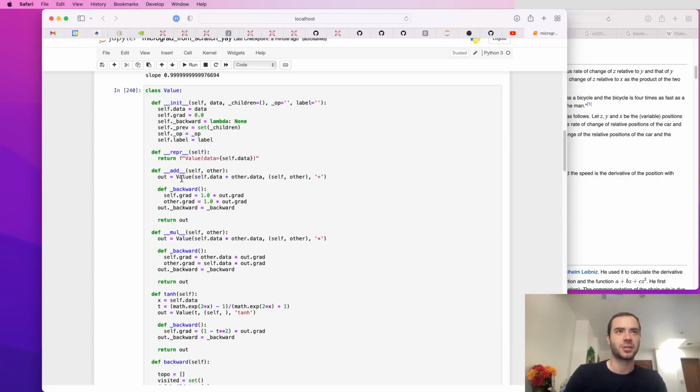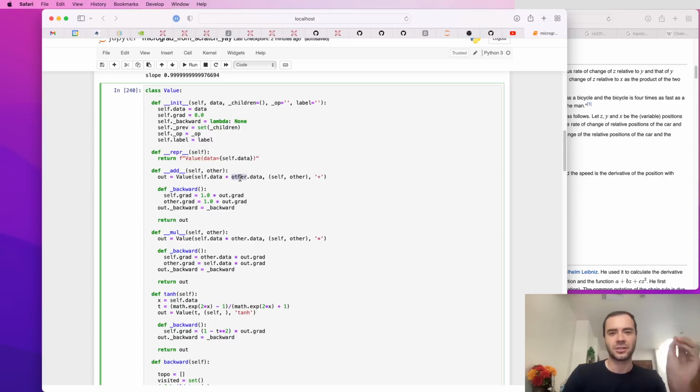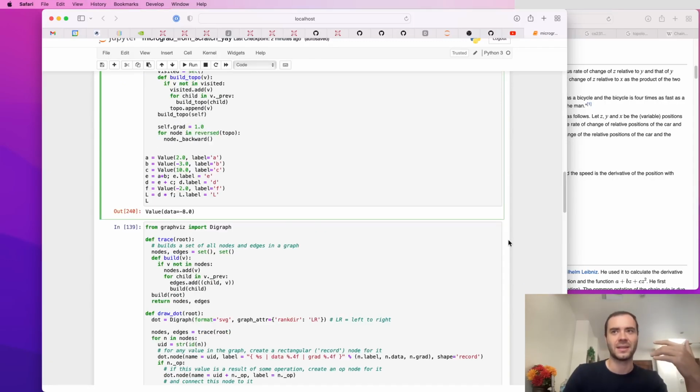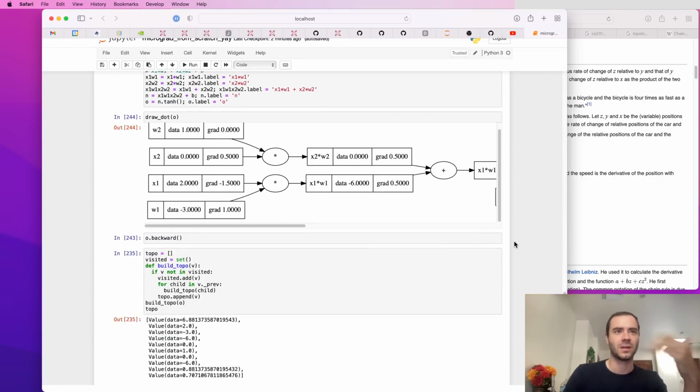B is a result of addition, so out is B. And then when we call backward, what happened is self.grad was set to 1, and then other.grad was set to 1. But because we're doing A plus A, self and other are actually the exact same object. So we are overriding the gradient. We are setting it to 1, and then we are setting it again to 1. And that's why it stays at 1.